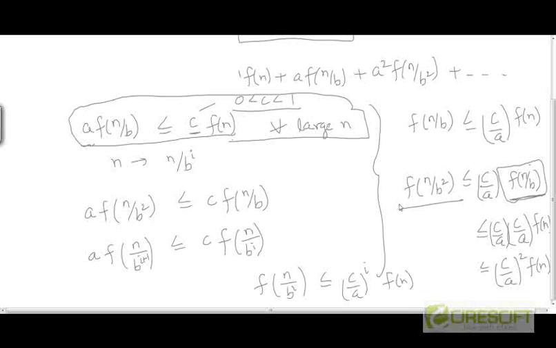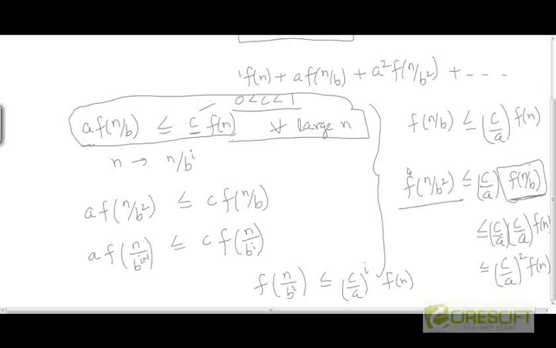Because if you take f of n by b cube, for example, f of n by b cube will be less than or equal to c by a times f of n by b square. If we put i equal to 2 here, f of n by b square is known to be less than or equal to c by a square times f of n.